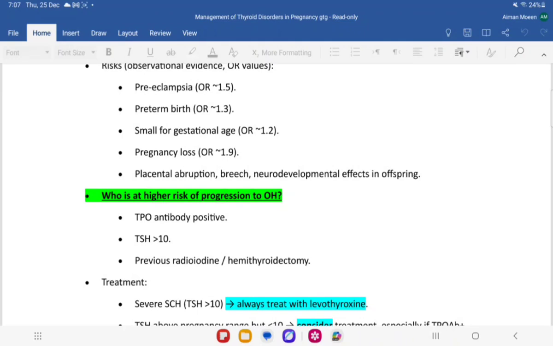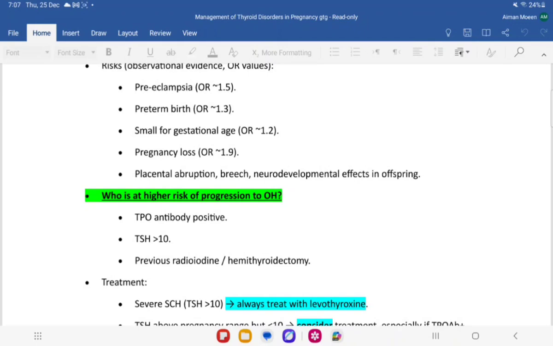Those women who have subclinical hypothyroidism but thyroid peroxidase antibodies positive, TSH more than 10, previous radioiodine or hemithyroidectomy. You can focus on these things and link why subclinical can lead to overt hypothyroidism later. If thyroid peroxidase antibodies are positive, it means they are slowly and gradually destroying the gland.